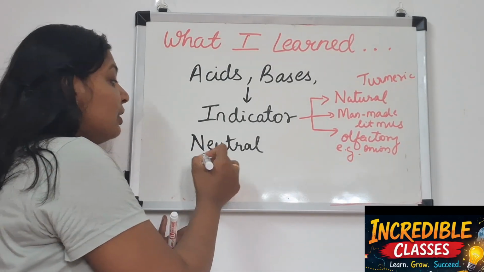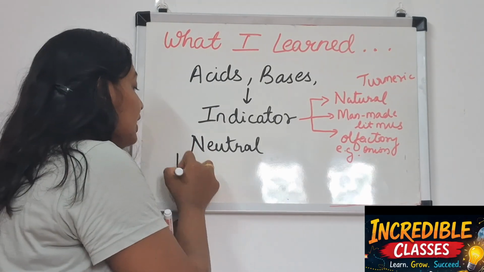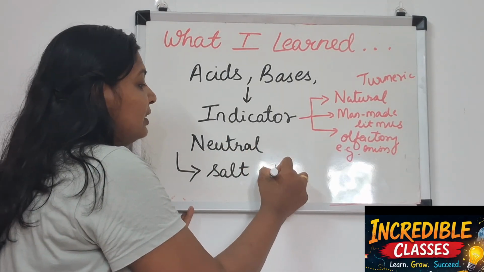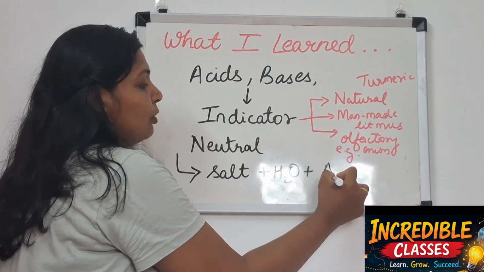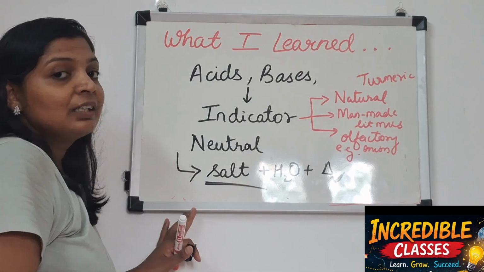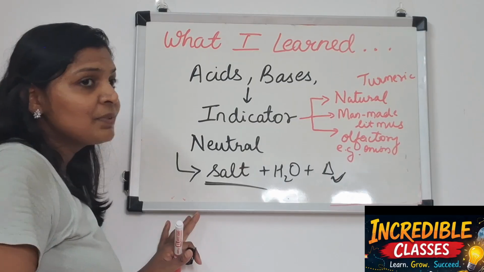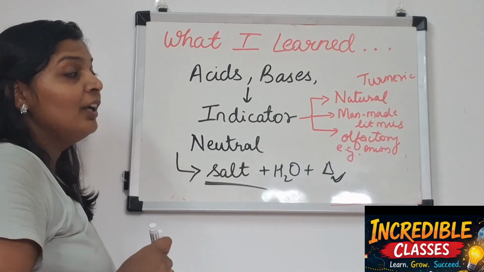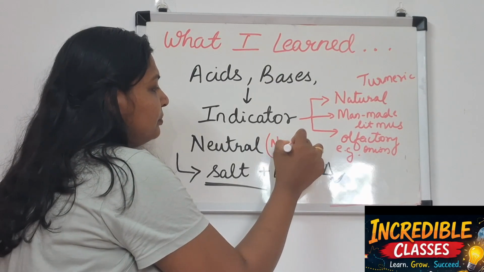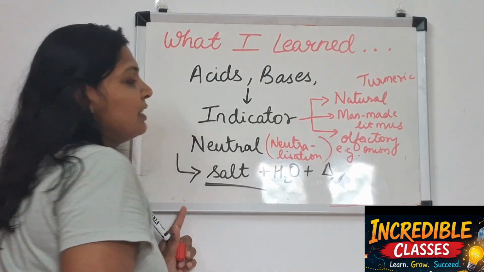And when we add a strong acid and a strong base, we normally get salt and water with the evolution of heat. We can also use this sign for heat. Now salt is a kind of substance which is neither acidic nor basic, that is a neutral substance. Therefore this process we call neutralization.